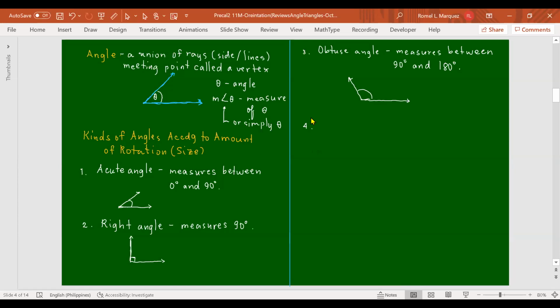The two sides coincide. So what angle is formed? In elementary, normally they just have these three: acute, right, obtuse. But as you go to a higher level of geometry, you will encounter another amount, no?